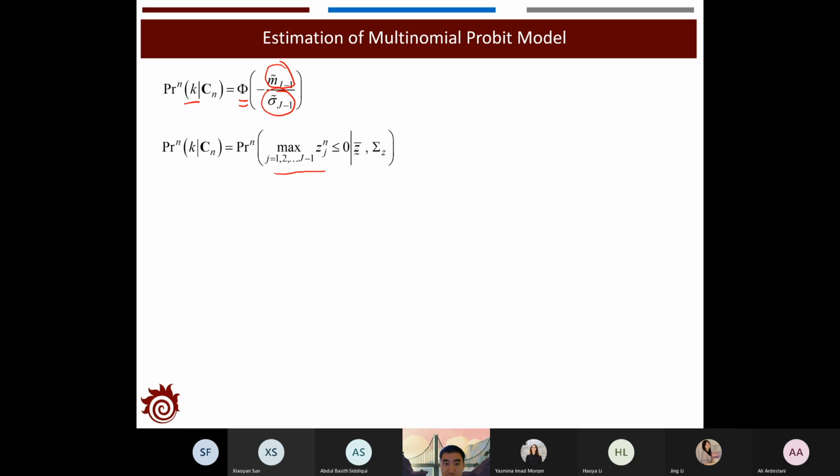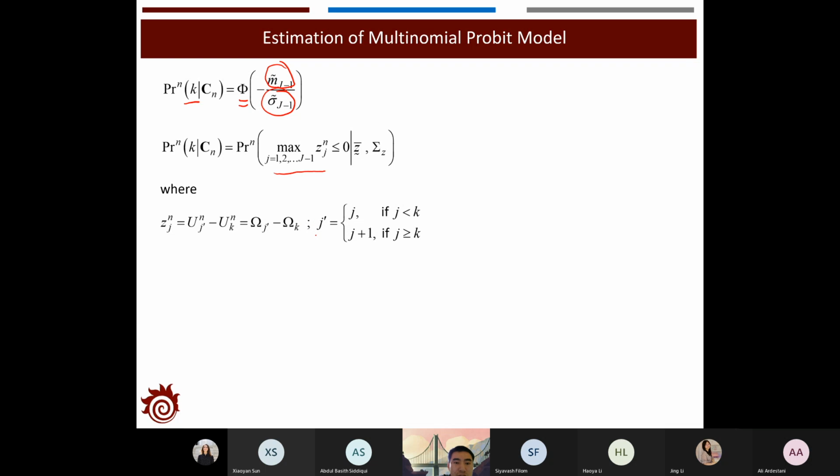And we want to make sure that the maximum value of zj is smaller than 0. Here we have the definition of zj. Zj is the difference between the utility of alternative j and the utility of k. K is the alternative that we're going to select.